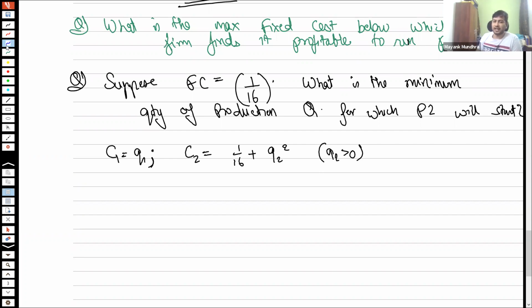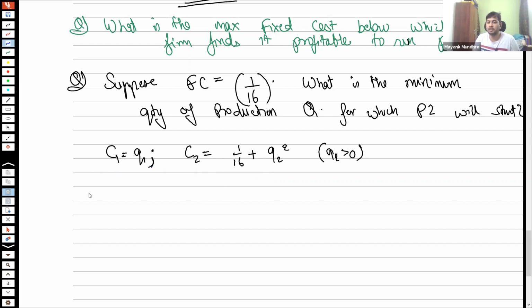So here at the threshold, obviously for quantities very low, he prefers producing in plant 1 because he doesn't want to incur this fixed cost. For quantities very high, typically greater than 1/4 or something, he is going to want to produce in plant 2.